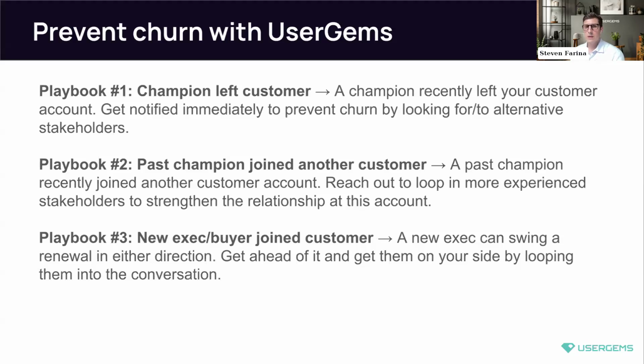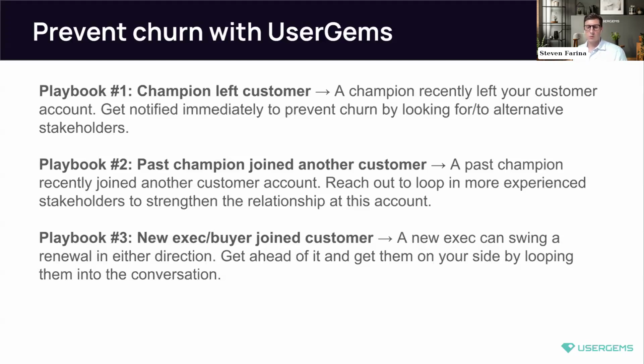The second playbook is a past champion joining another customer, and this is one of my favorites. This would be the case where we're monitoring a champion, a user, a past buyer, and then they land at another customer account of yours. Such an awesome opportunity to multi-thread further into your champion pool.